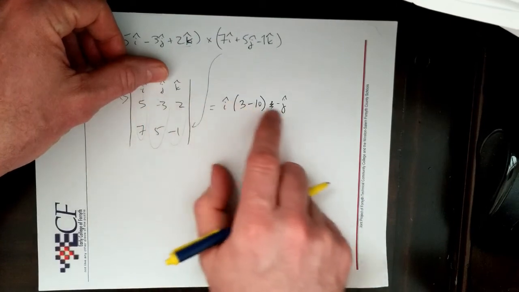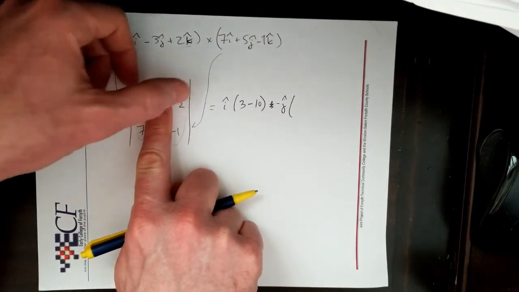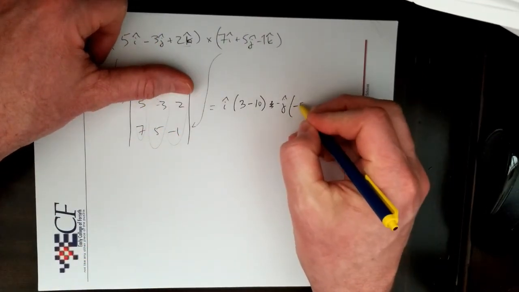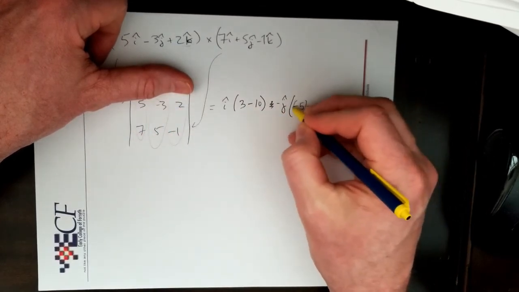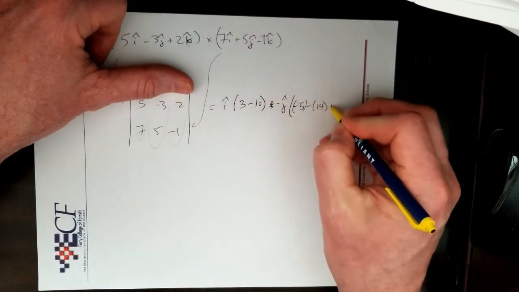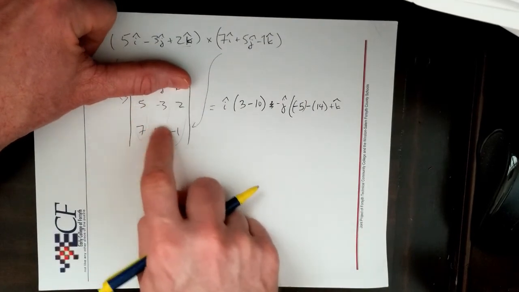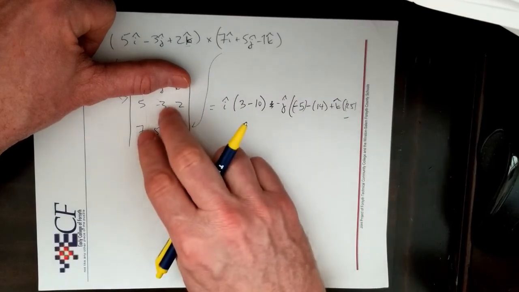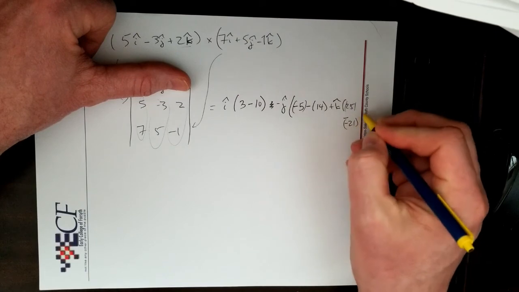So then j hat, negative, and then block out that row and column. I've got the 5, 2, 7, negative 1. So 5 times negative 1 is negative 5, minus 7 times 2, which is 14. Plus k, because again, alternating signs. Block out that row and column, and I have 5 times 5, which is 25, minus 7 times negative 3, which is negative 21.